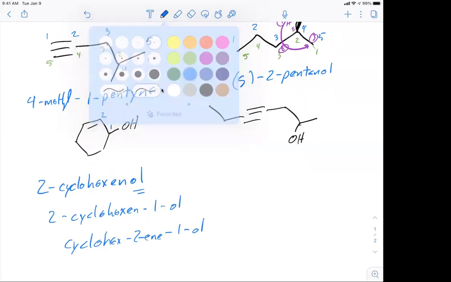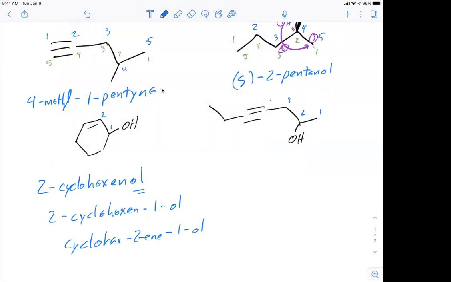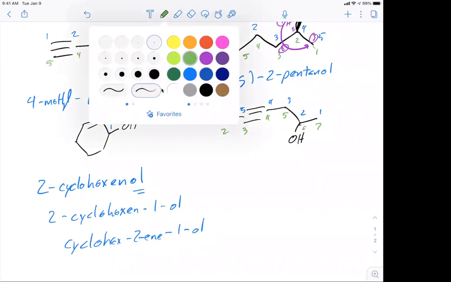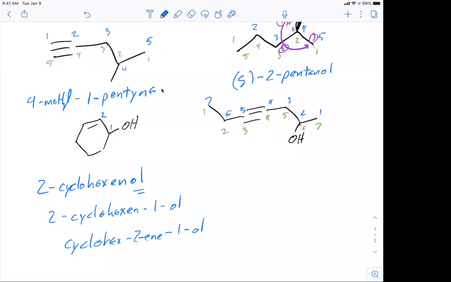So the last one here, we have 1, 2, 3, 4, 5, 6, 7. We could have also gone 1, 2, 3, 4, 5, 6, 7. Here, we're going to go with the blue because the alcohol is going to be the final name. So we're going to have heptenol. In this case, I'm going to move the 2 towards the ol, and then I'm going to move the 4 out here.